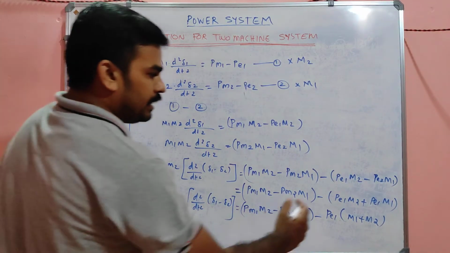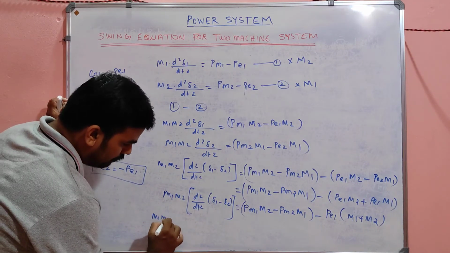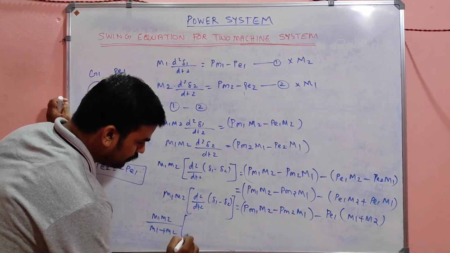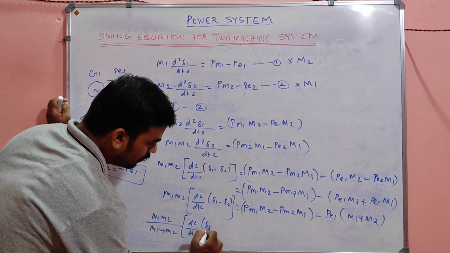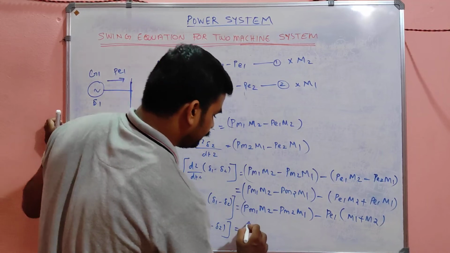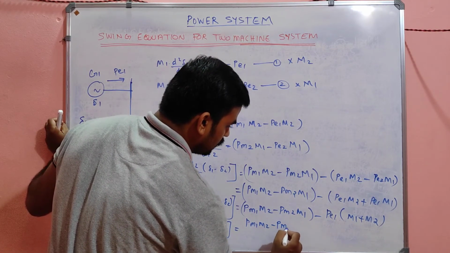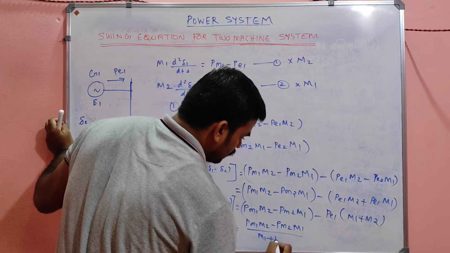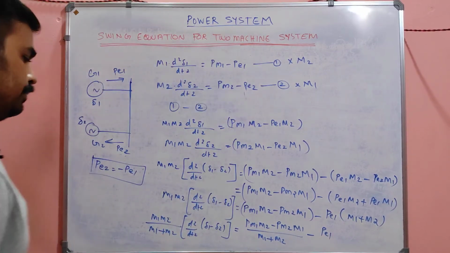Divide both sides with M1 plus M2. So it will become M1 M2 whole divided by M1 plus M2 into d square by dt square of del 1 minus del 2 equal to Pm1 M2 minus Pm2 M1 whole divided by M1 plus M2 minus Pe1.